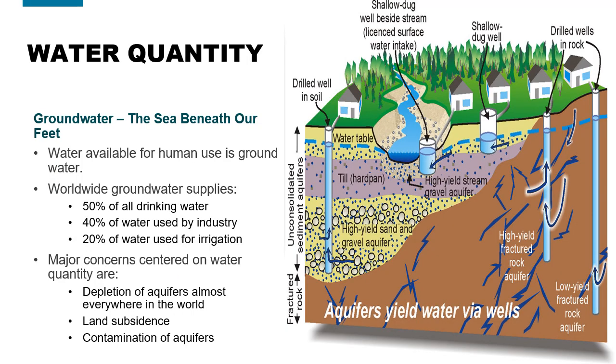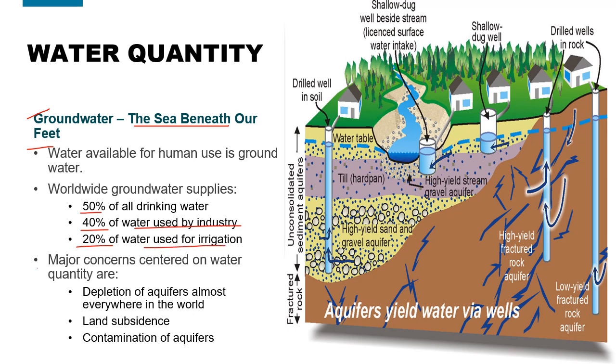Now, we have also here groundwater, the sea beneath our feet. Okay, so groundwater is water available for human use. So worldwide, take note that 50% of the groundwater is drinking water, 40% of water is used by industries, and 20% of water is used for irrigation.